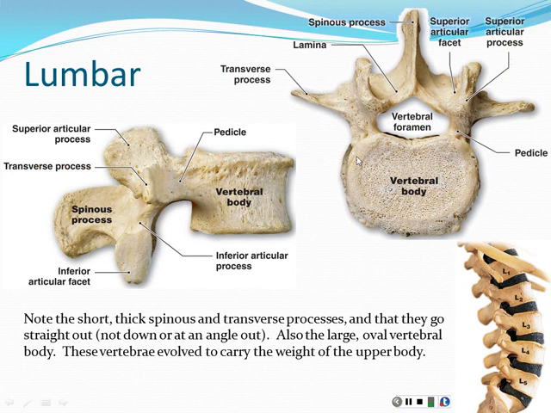And then we have this very large oval vertebral body for carrying weight. So the lumbar spine is not very flexible. Where the lumbar vertebrae come together, there is some motion. We can turn our lumbar spine, but not nearly as much as we can our thoracic and our cervical spine. Very much built for carrying weight.